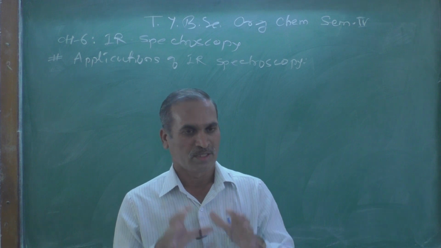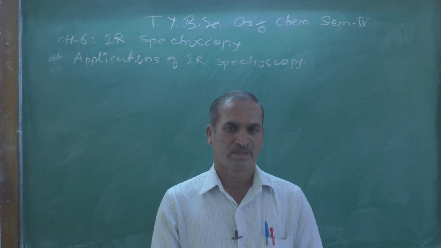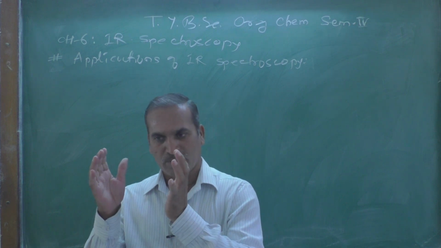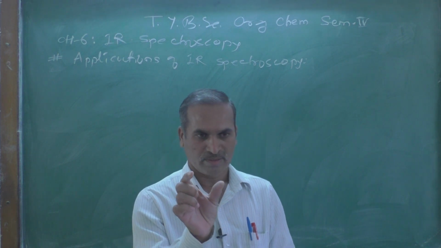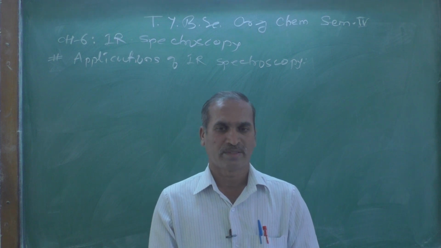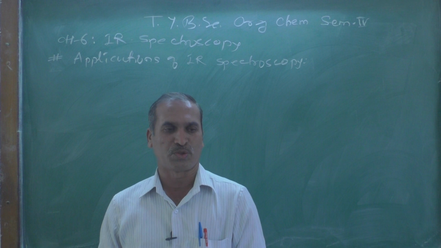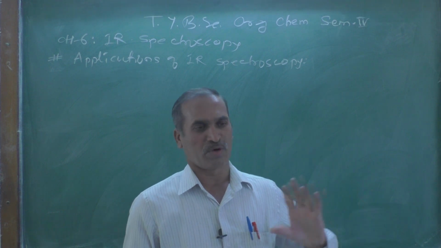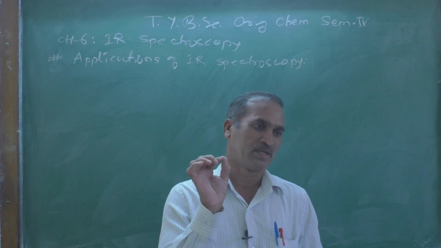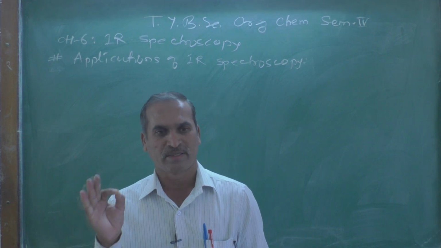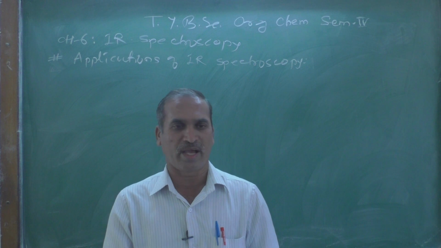By looking at that peak or band, the organic chemist immediately knows that this peak is due to the carbonyl group, because its shape and size is definite.